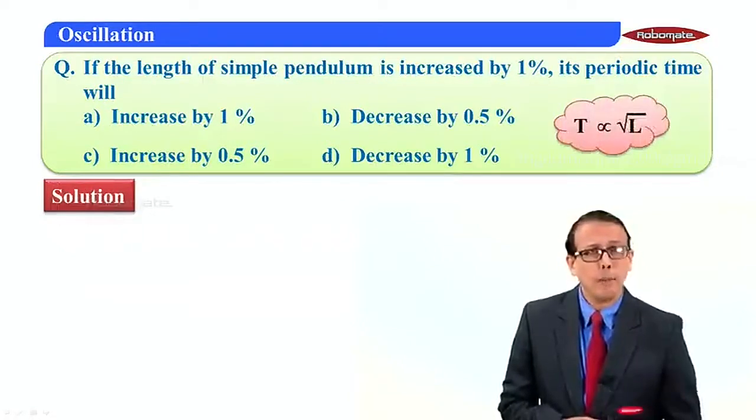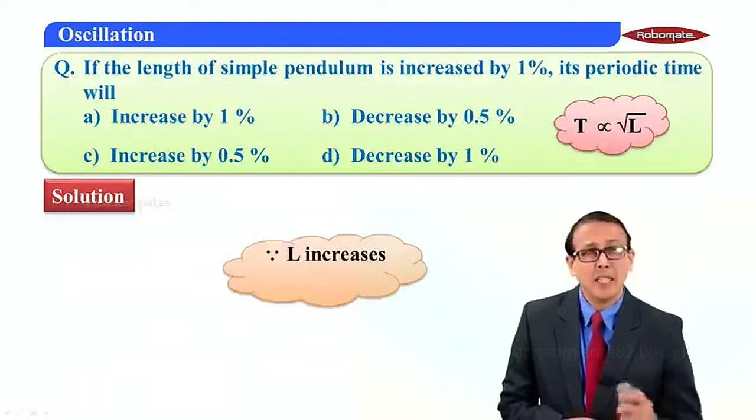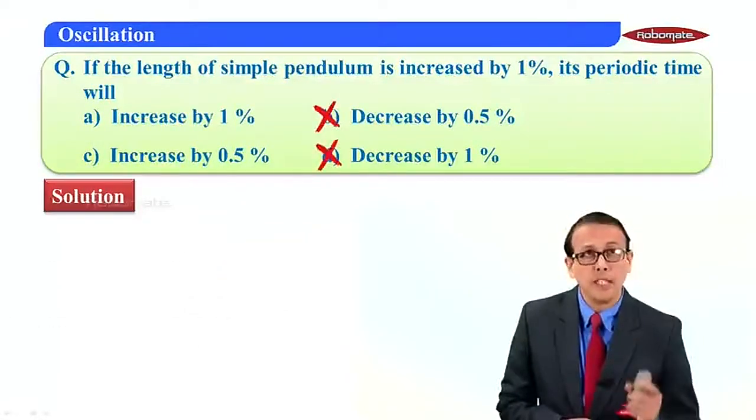We know T proportional to root L. Now in this case, length is increasing. As T is directly proportional to root L, if L increases, time period will obviously increase. Therefore, option B and option D are wrong, which say decreases. The answer has to be either option A or option C, that is both increase options.